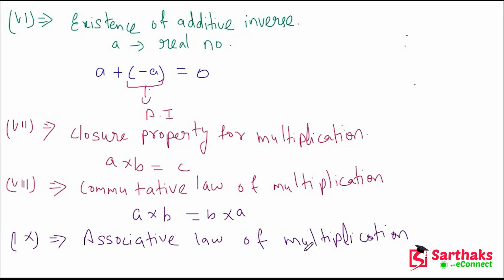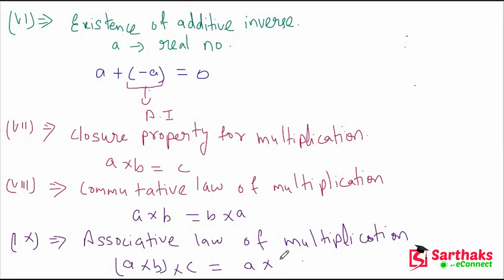If we multiply a by b and then by c, or we multiply b by c and then by a, the result will always be the same. This is our associative law of multiplication.